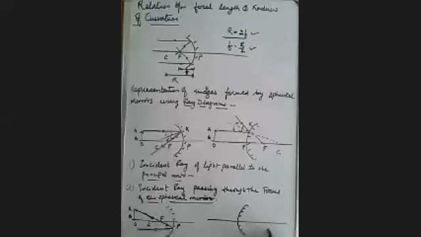So that ray will also be reflected parallel to the principal axis. This is how a ray is reflected when the incident ray is passing toward the principal focus. So these are two rays. We consider two more rays for image formation.